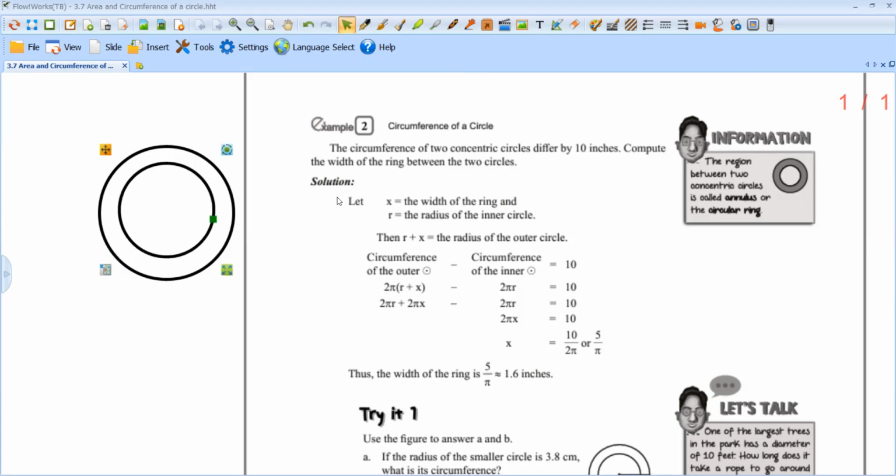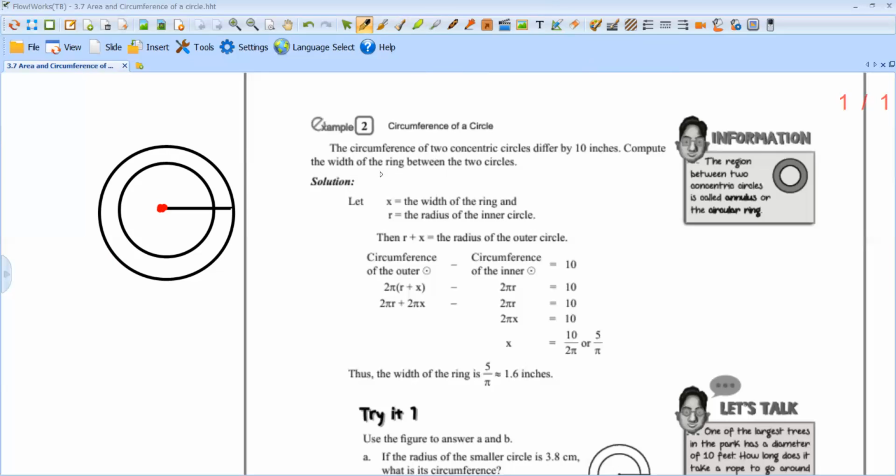Let us try to have these concentric circles. Concentric means they have the same center, right? The circumferences of two concentric circles differ by 10 inches.